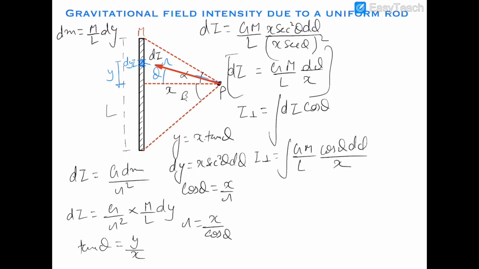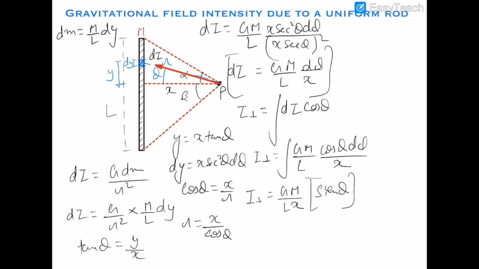In this case, this x is the distance of point P from the rod, the perpendicular distance, and therefore x is constant. So I perpendicular is GM by Lx, and integration of cos theta is sin theta.